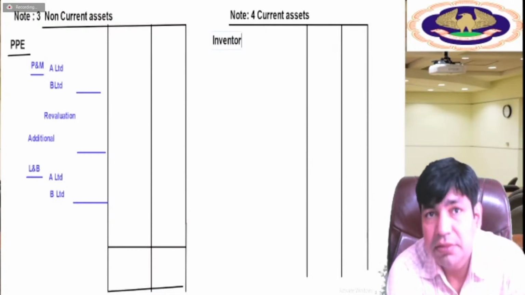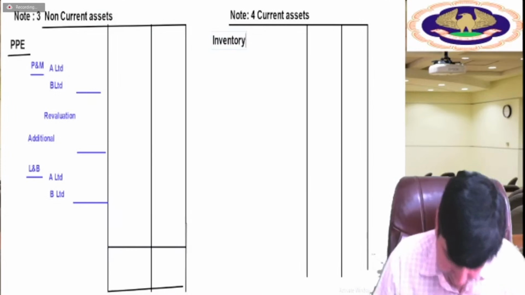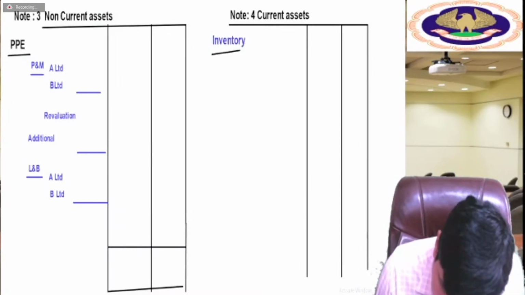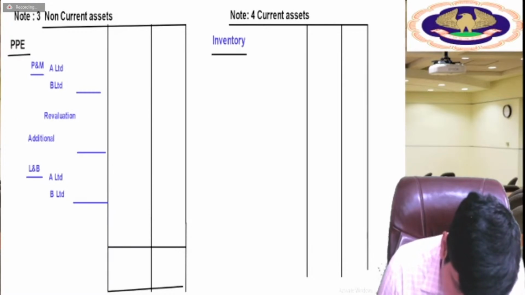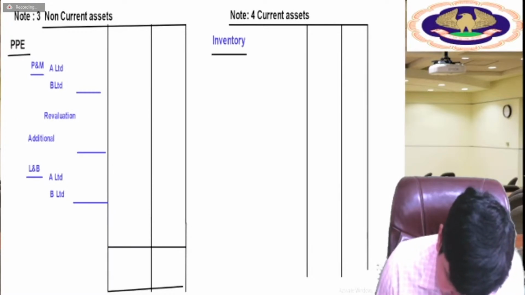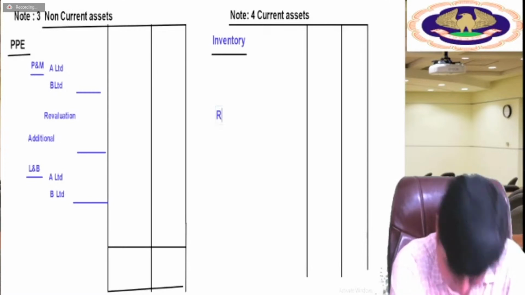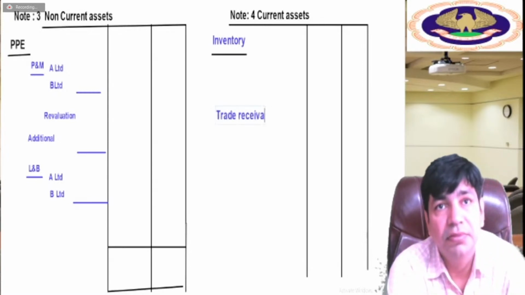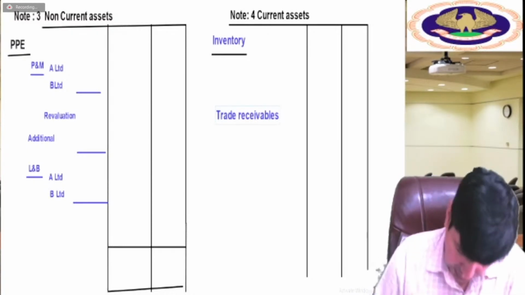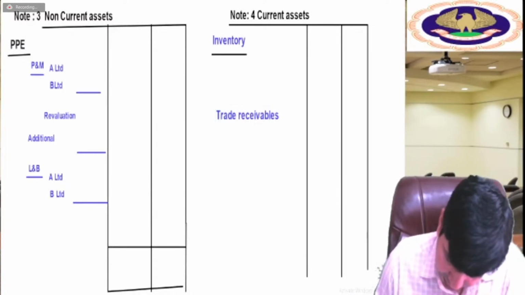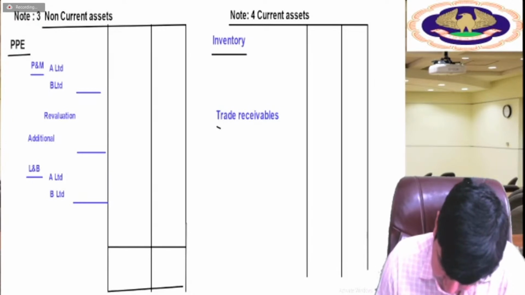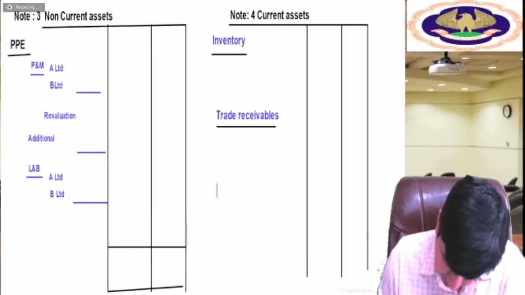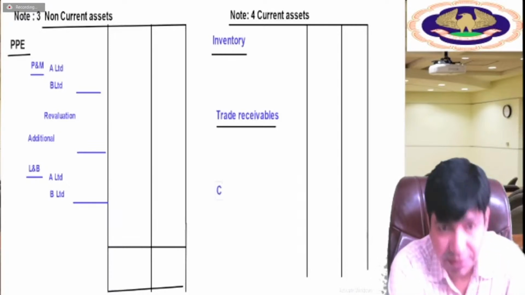Inventory, then trade receivable, and then the last one is cash and cash equivalent.